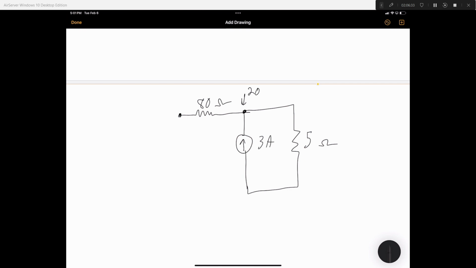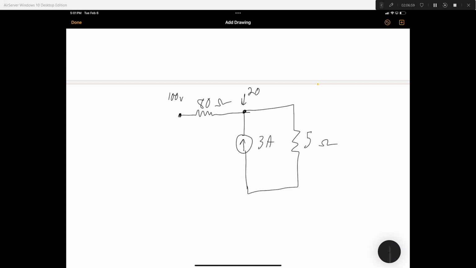This one is 100 volts. I had originally thought that the voltage from... what have I tried? Previous answers. Negative 60 is not right, and negative 16.5 is not right.